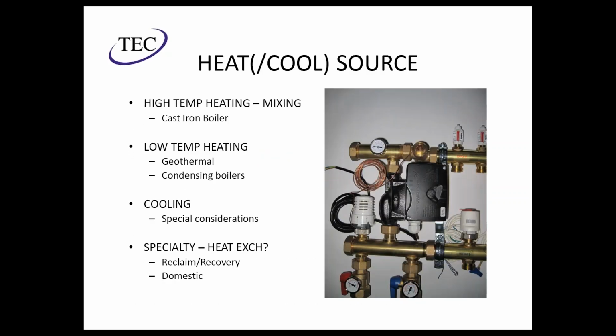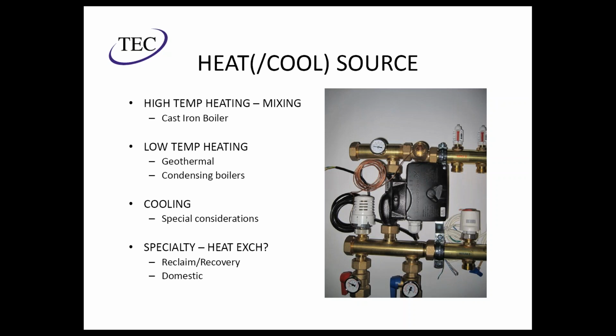As I mentioned, going back to the heating source or cooling source, if you're going to be using a high temperature source, you need to make sure that you're examining a mixing station from the manufacturer, or you can design your own, of course. Most manufacturers, though, if you look at this one on the left, this is a mixing station that bolts onto the manifold and can handle that locally at the manifold.